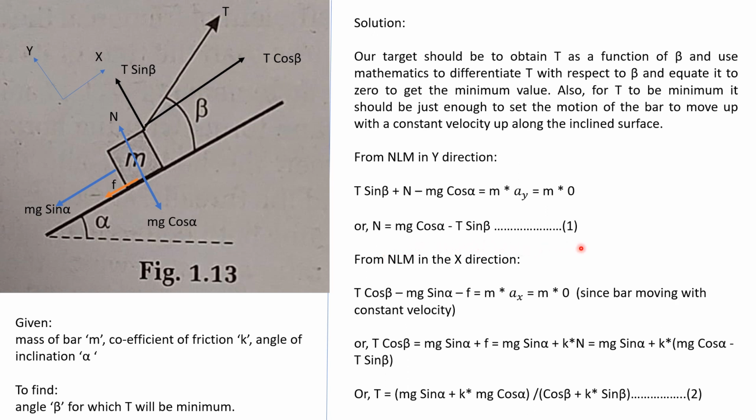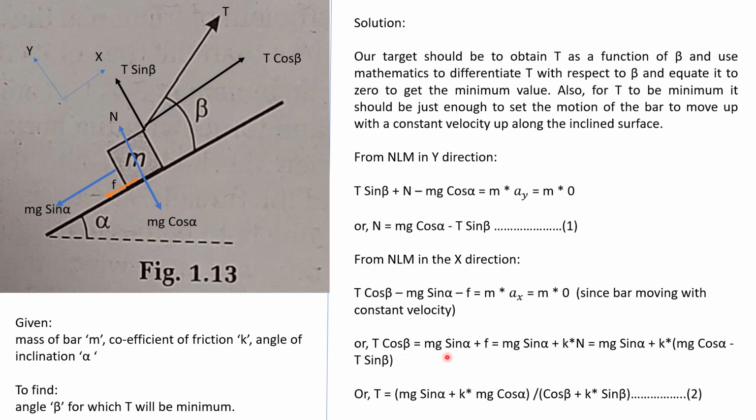Now we will apply Newton's law of motion in the x direction. In the positive x direction, T cos beta is acting. In the negative direction, minus mg sine alpha, and minus f, equal to m into a_x. Since T has to be minimum, the bar should move with a constant velocity up along the inclined plane, so acceleration in the x direction is 0.